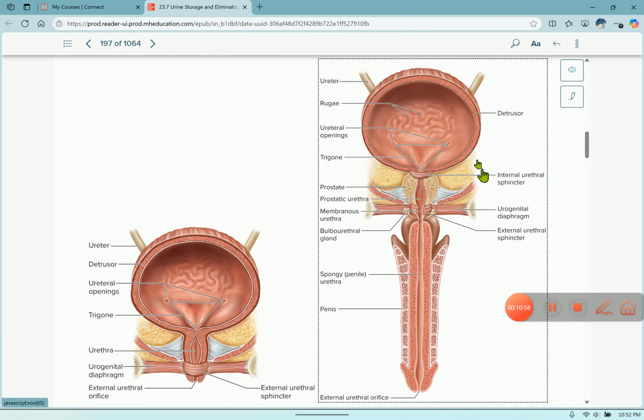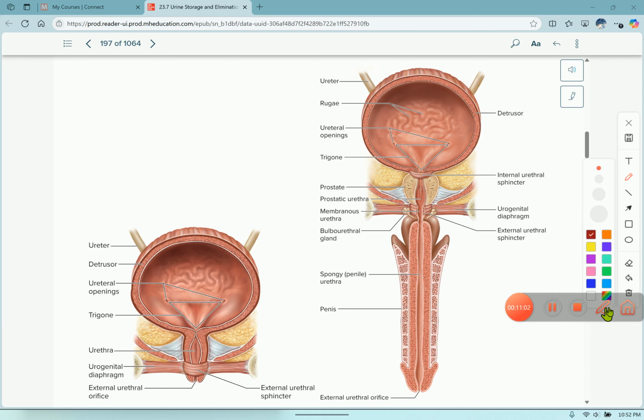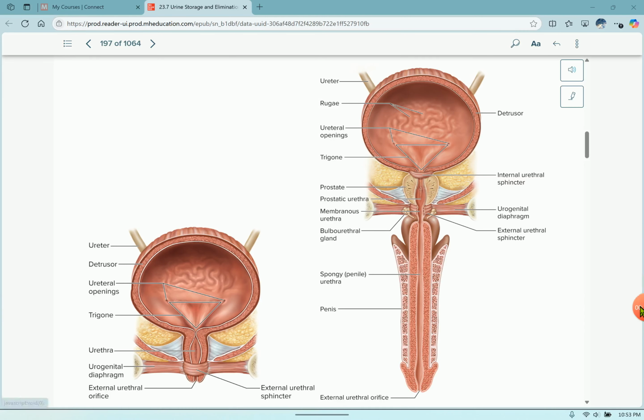Okay, the urinary bladder is a temporary storage for the urine, and there's an area in here called the trigone. So tri is 3, so it does have those 3 sides. And the boundaries are the urethral openings. And you can see right here this tube that comes in.